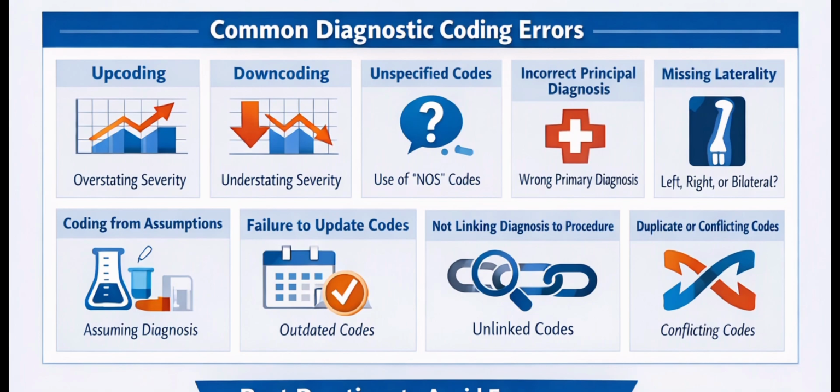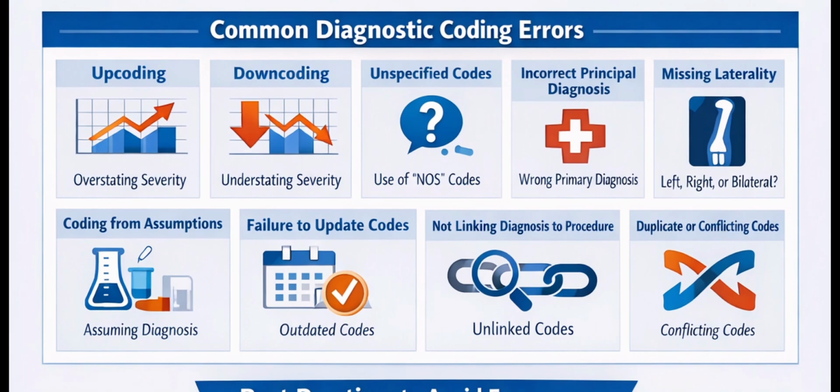What are the impacts? Claim denials, reduced reimbursement, and the last one is poor data quality. How to avoid them? Query providers for clarification, and use the most specific code supported by the documentation.